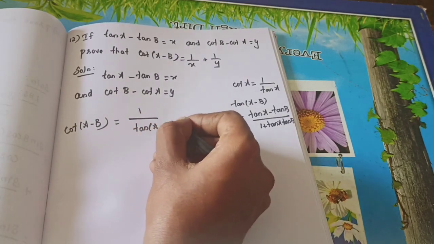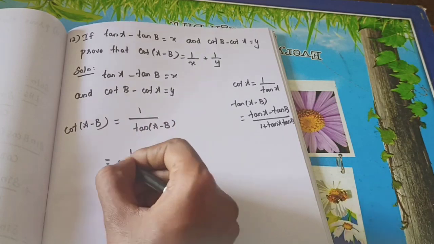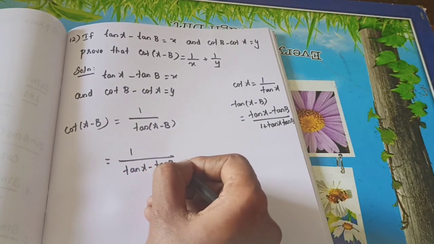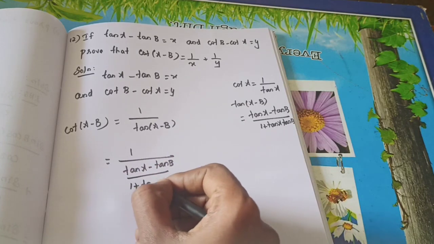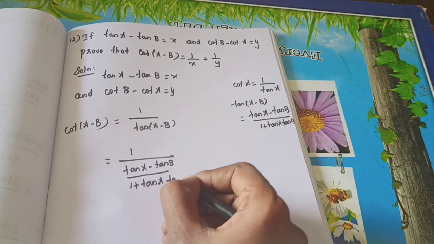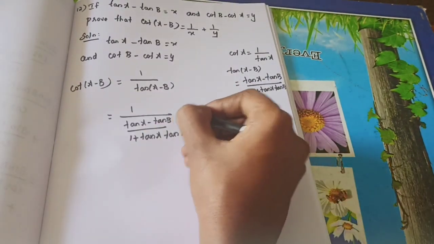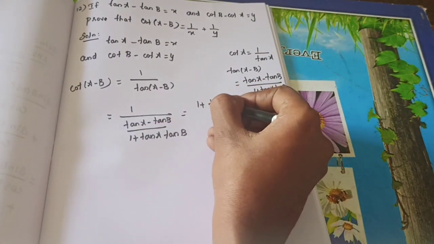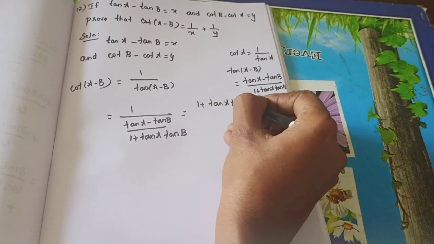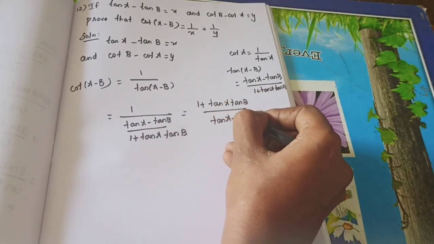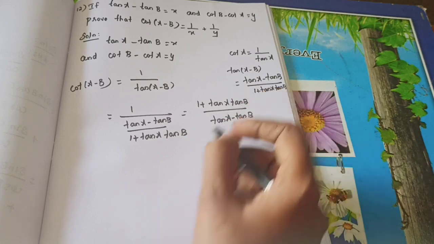Now, you substitute the formula. It's equal to 1 by (tan A minus tan B divided by 1 plus tan A tan B). Bring this up. So what will happen? 1 plus tan A tan B divided by tan A minus tan B. Okay.